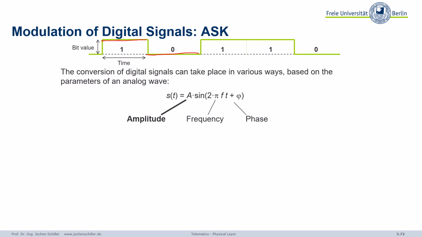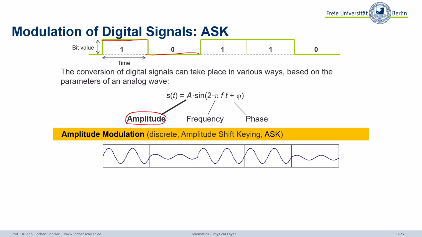So we take this digital signal and now we modulate our analog carrier. In the first example, we manipulate the amplitude. And because we do this with digital signals, this is also called shift keying. So it's a discrete modulation of the frequencies.